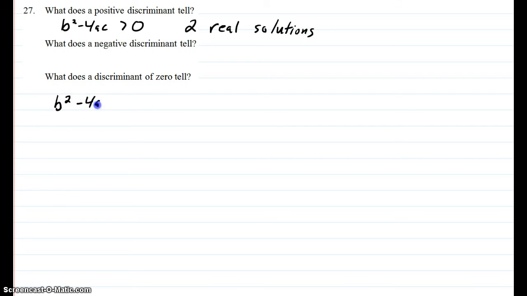Alright, number 27, what does a positive discriminant tell us? So we just talked about that. So when our b squared minus 4ac is positive, when it's greater than 0, that tells us we have 2 real solutions. What does a 0 tell us? So when our discriminant b squared minus 4ac is equal to 0, that tells us that we have 1 real solution.